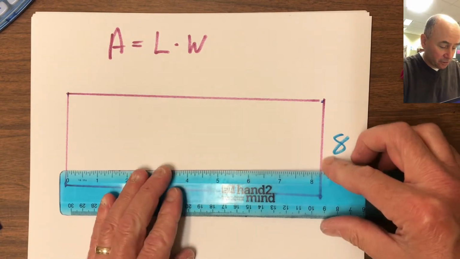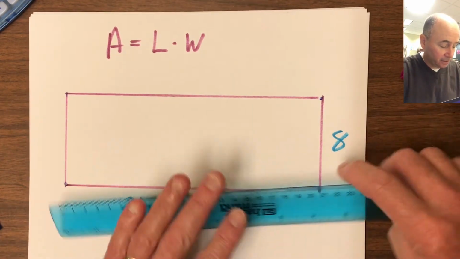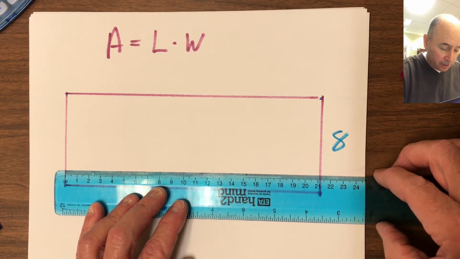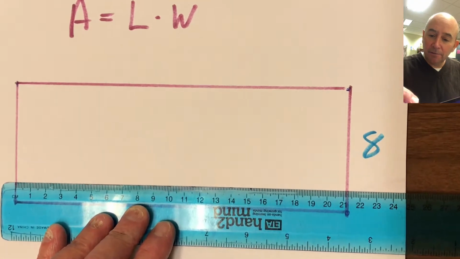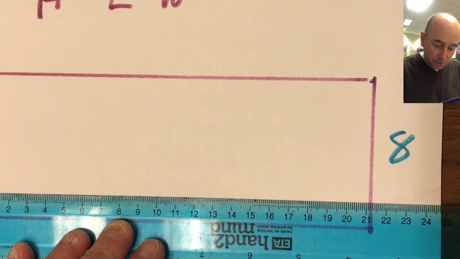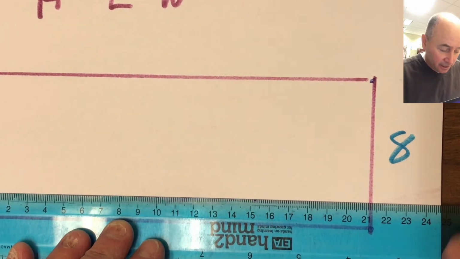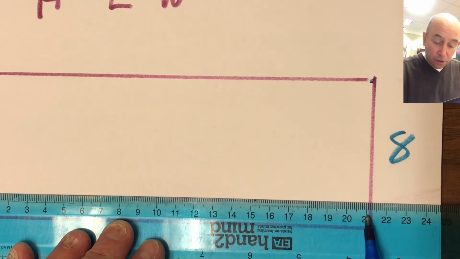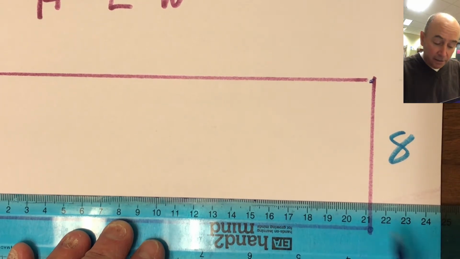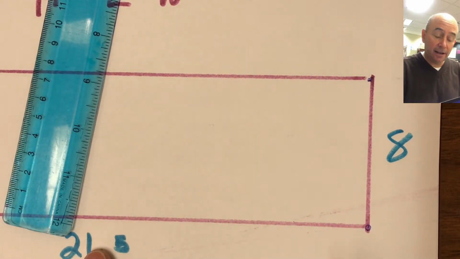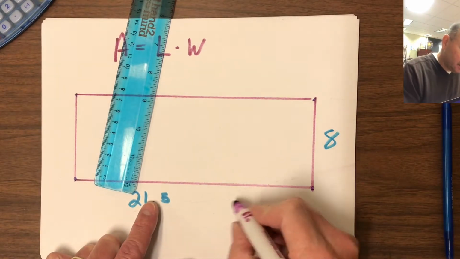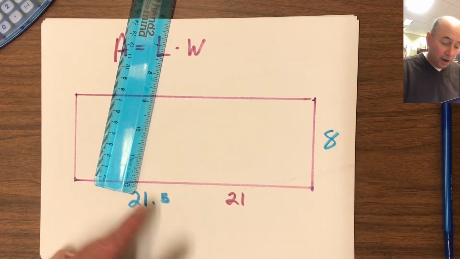Now, when I measure this to the nearest centimeter, if I bring the camera down, you'll notice that it looks closer to just plain old 21. So you could be thinking, okay, instead of using 21 5/10, I'm just going to use 21.